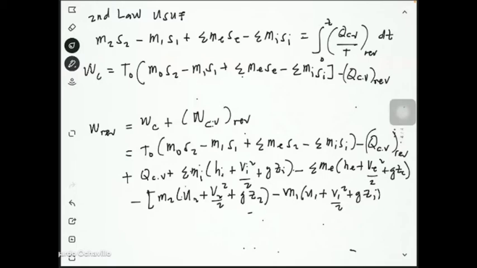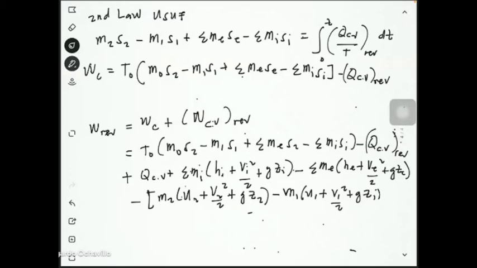So for a system considering a fixed mass, the summation of M_i (H_i minus T0 S_i plus V_i squared over 2 plus GZ_i) is equal to 0, and the summation of mass leaving, (H_e minus T0 S_e plus V_e squared over 2 plus GZ_e), is equal to 0.